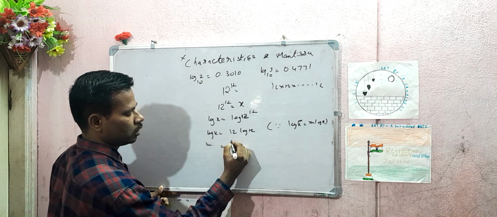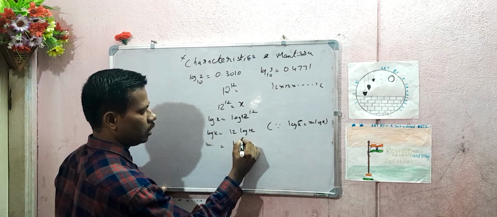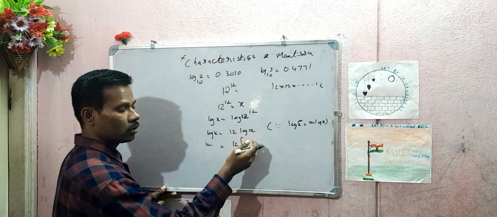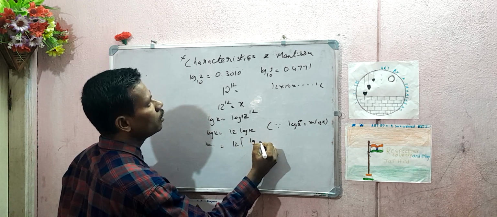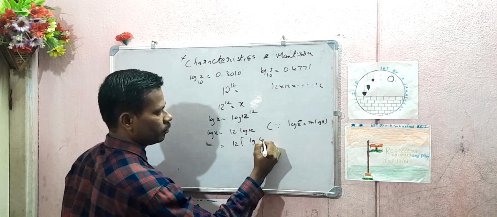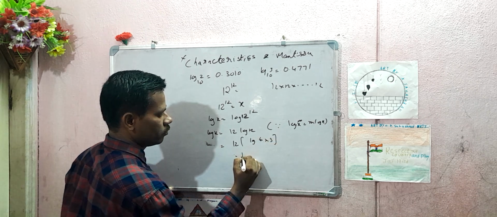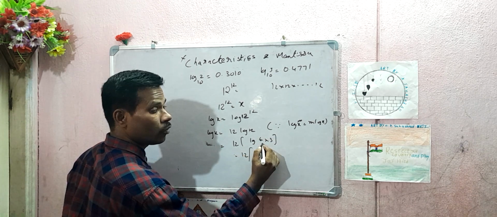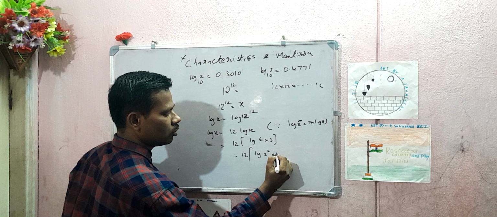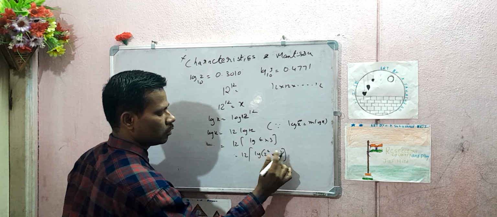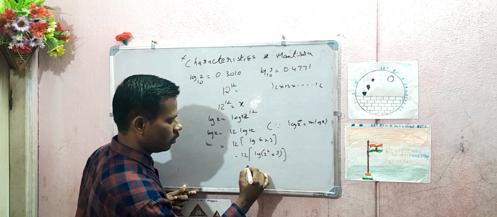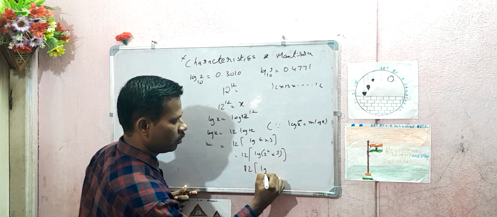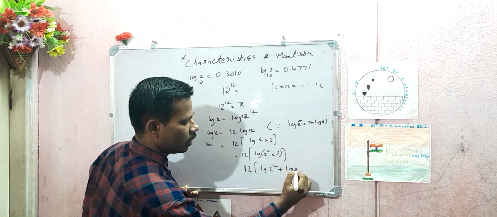So this you will get 12 into this. Don't concentrate on this side, concentrate on this RHS pattern. 12 can be written as 4 into 3. 4 can be written as 2 power 2 into 3. Next, log m into n is log m plus log n.